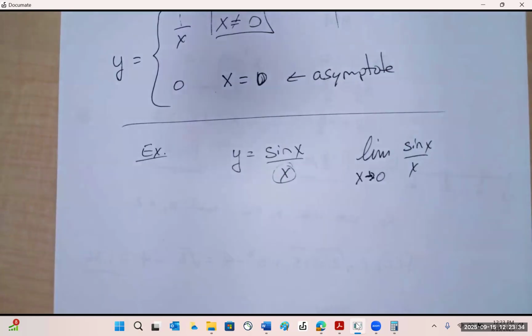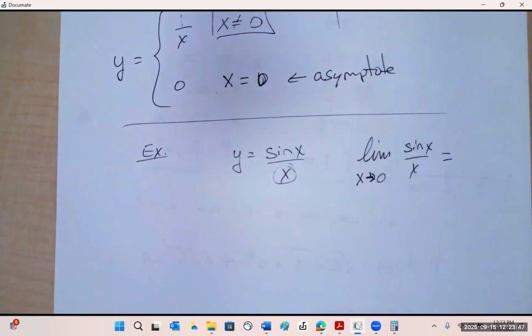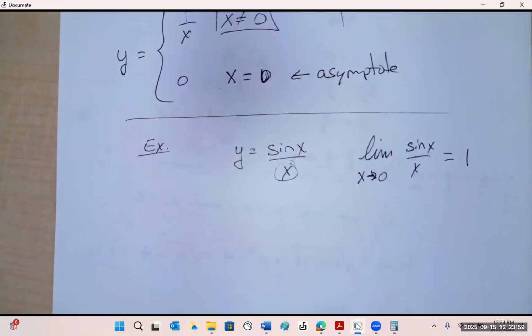Remember, this is a limit. Does the limit have to exist there? No, but it does have a value. What's the value? This is how we started off, by using the squeeze theorem.